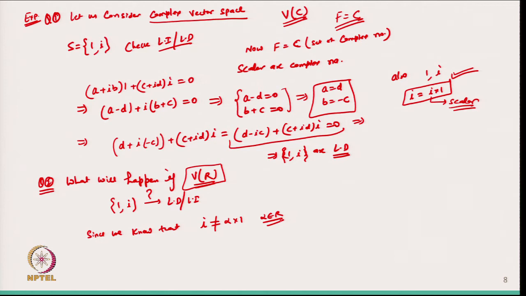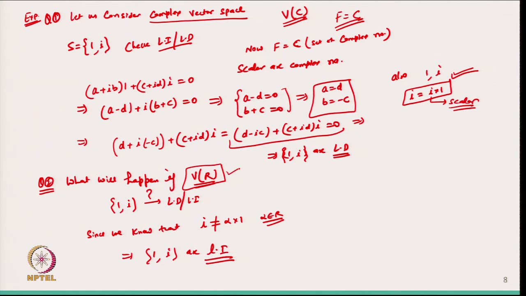It is not possible unless alpha is i, but we cannot choose alpha as i because we are taking the field as real numbers only. So, in this case I can say that the set {1, i} is linearly independent. The same set of vectors, but we are taking a different vector space.